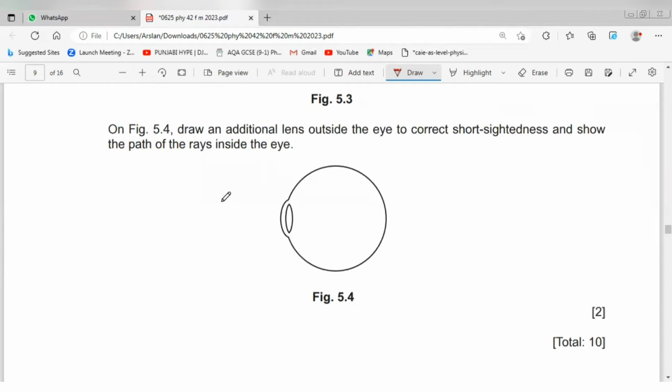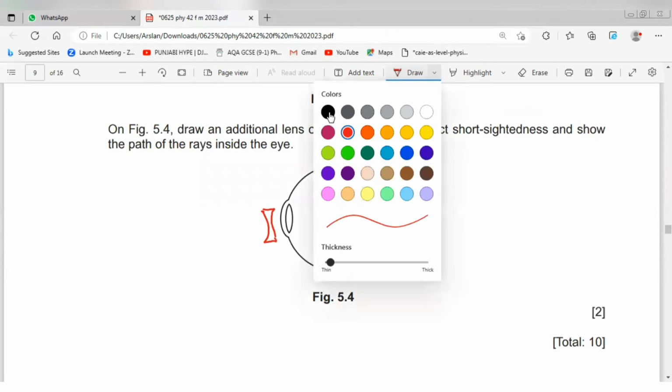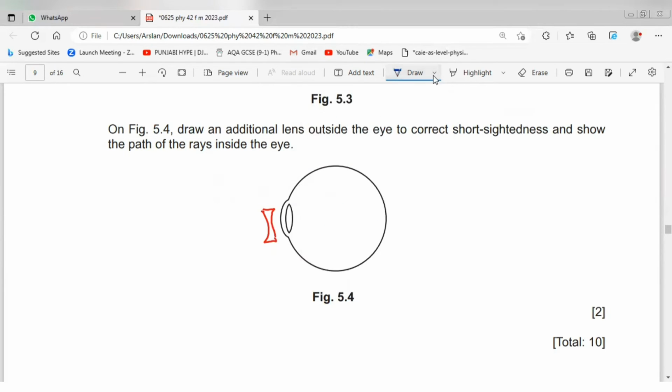Make a lens for short sightedness. You will always use an external lens, which is a diverging lens, thin at the center and thick at the edges. So 1 mark will be completed, and by drawing the rays, you will use 3 rays. This lens will diverge the rays onto the converging lens.